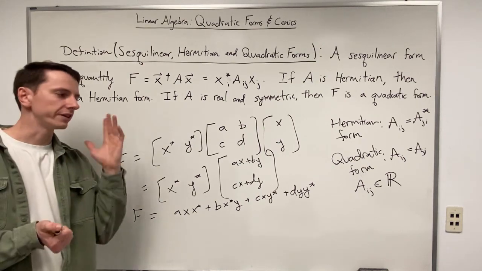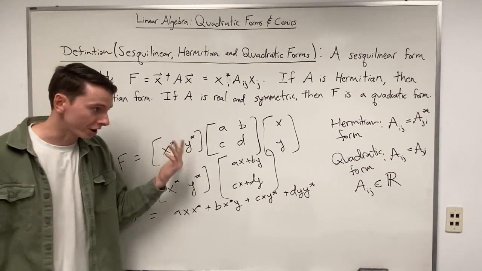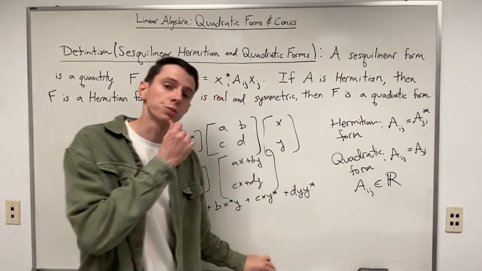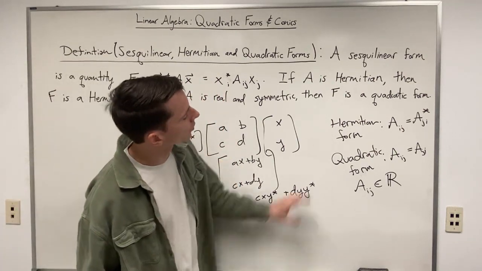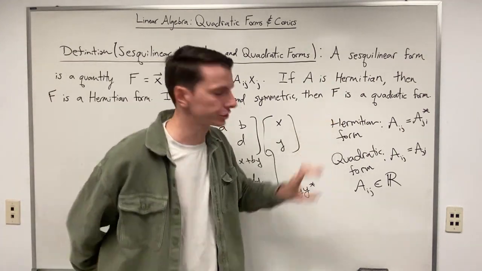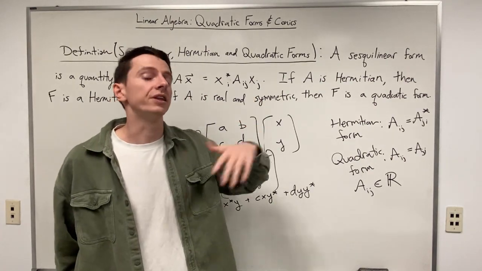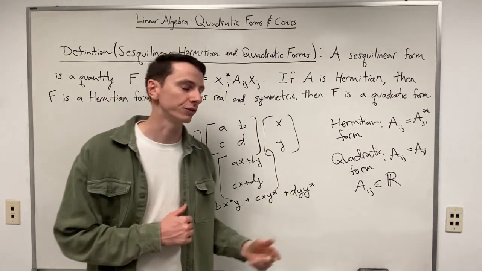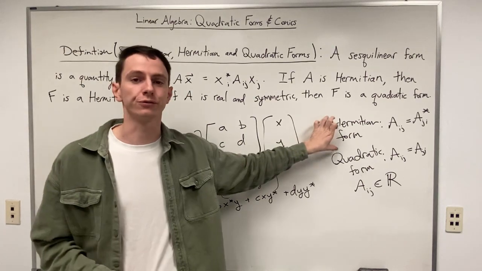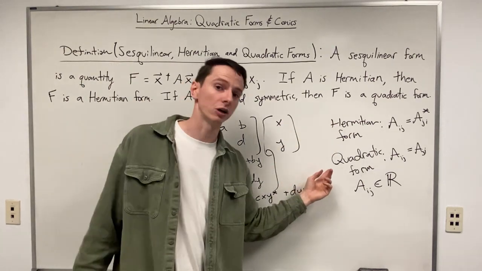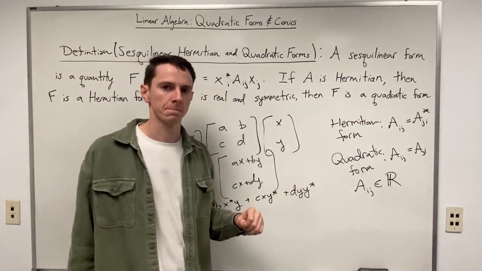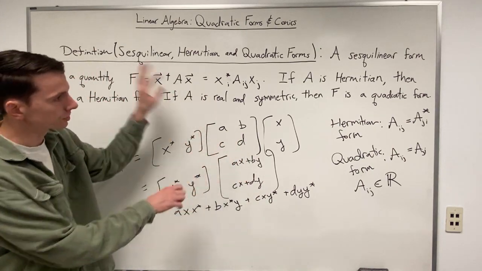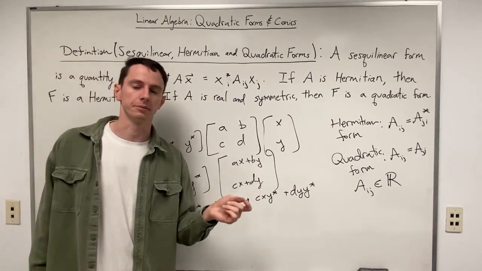So hopefully that makes sense. And the reason why I'm trying to spend some time on that is because in the next whiteboard we're going to make a statement about Hermitian forms, but the idea behind talking about Hermitian forms is that anything we say about Hermitian forms can also be applied to quadratic forms. Okay. So I'm going to erase the board and then we're going to go through that claim together.